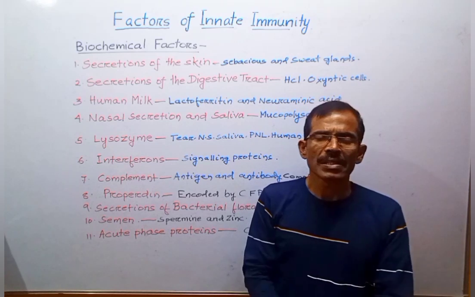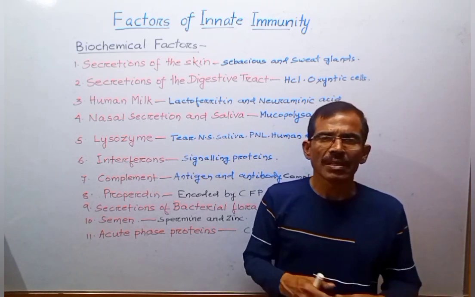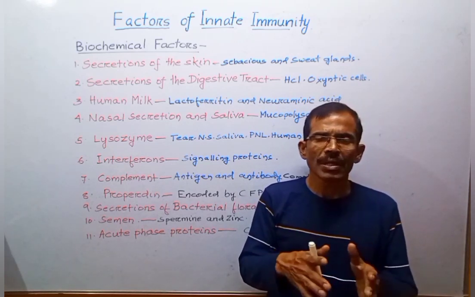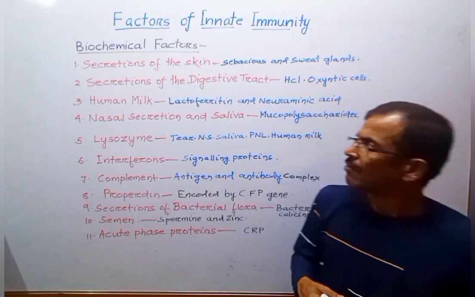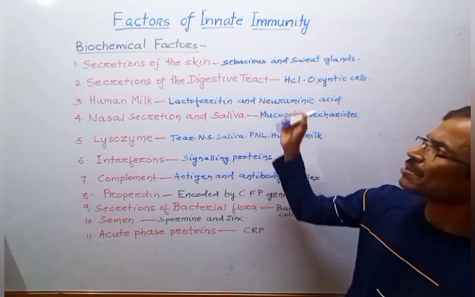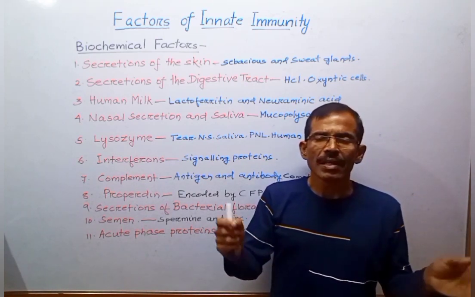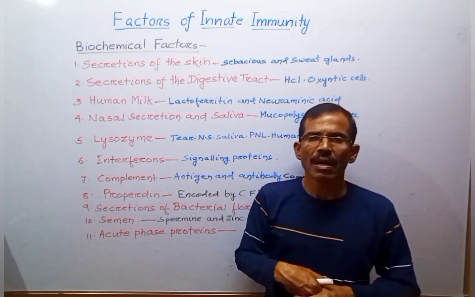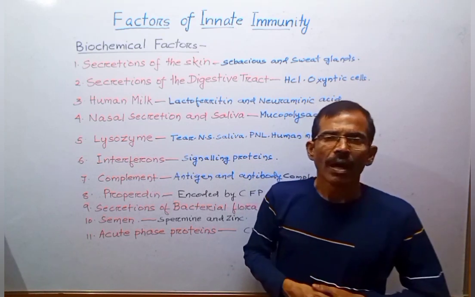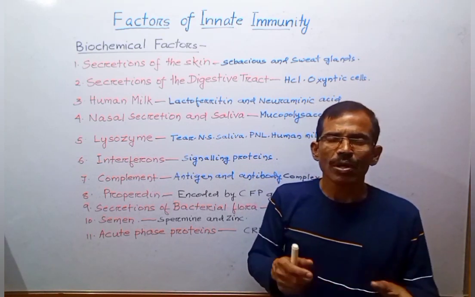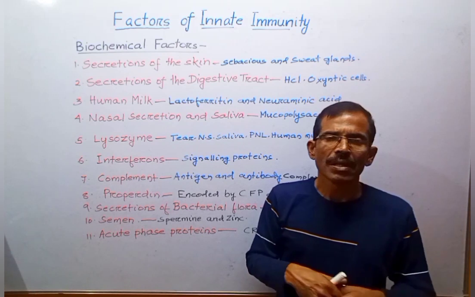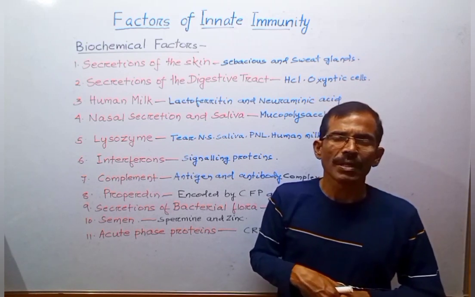Now we shall discuss the biochemical factors that are associated with innate immunity. First one is secretions of the skin. Sweat is a clear, salty liquid produced by the glands in the skin. High concentration of salts in the sweat has microbicidal activity.